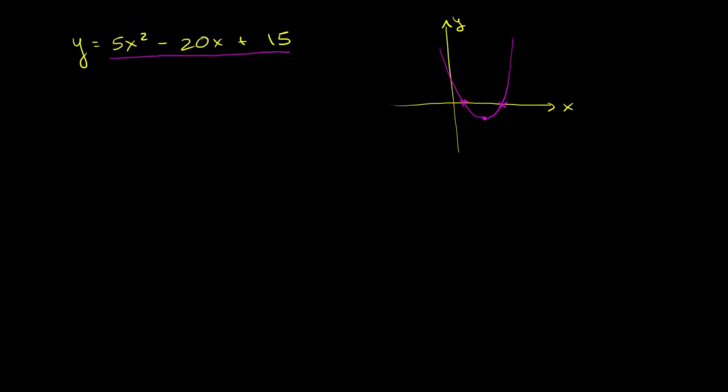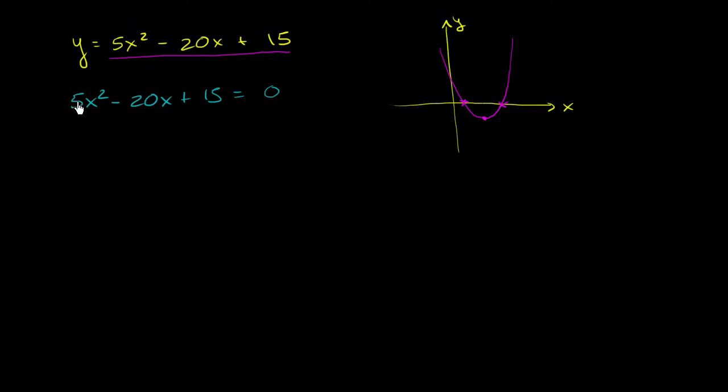So as I just said, we're going to try to solve the equation 5x squared minus 20x plus 15 is equal to 0. Now the first thing I like to do whenever I see a coefficient on the x squared term that's not a 1 is to see if I can divide everything by that term to simplify this a little bit, and maybe this will get us into a factorable form.